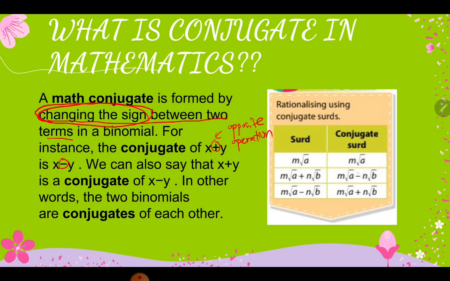So opposite operation. The same goes for m surd a minus n surd b. The conjugate must be m surd a plus n surd b. Again, opposite operation. Okay, so simple, right? Okay, next.